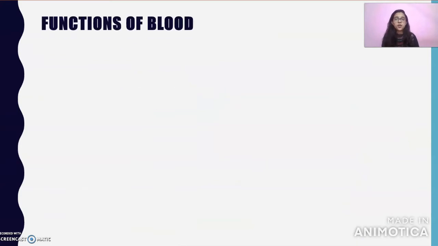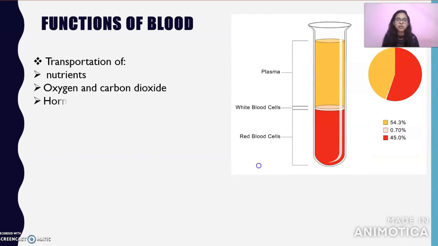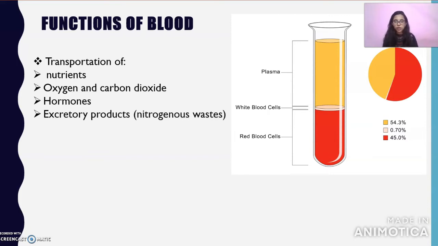Now let us learn the functions of blood. Now children, the main function would be transportation, right? It is transporting nutrients, oxygen and carbon dioxide, hormones and excretory products, that is nitrogenous waste.